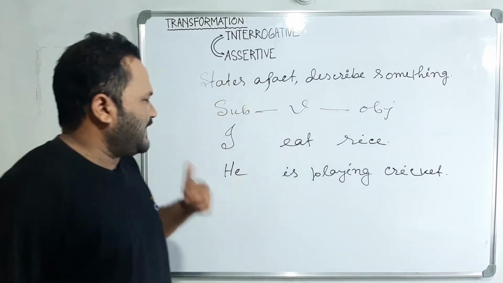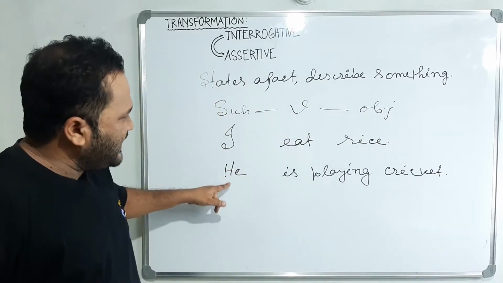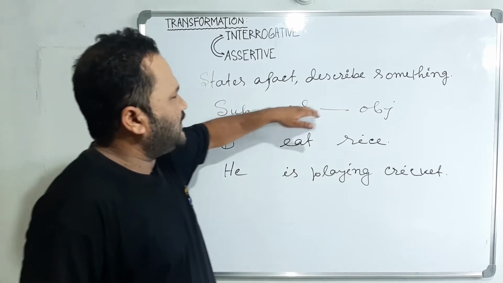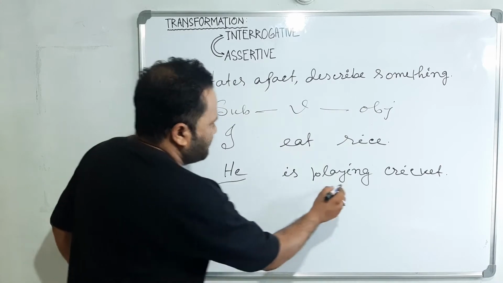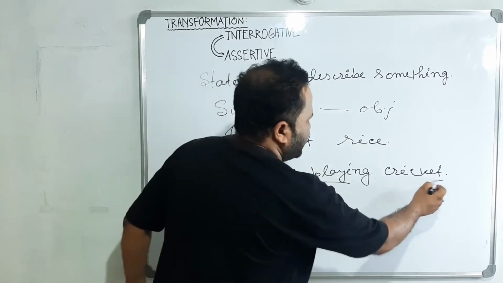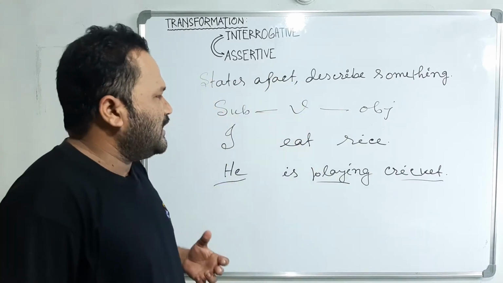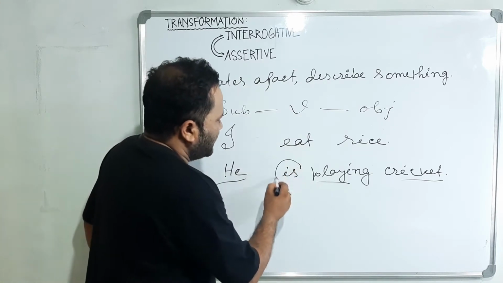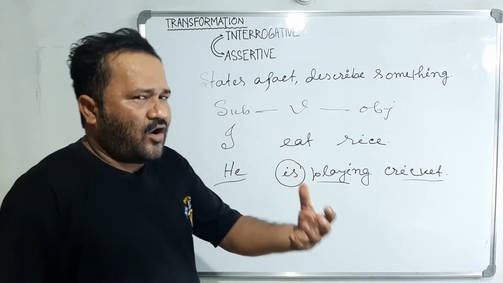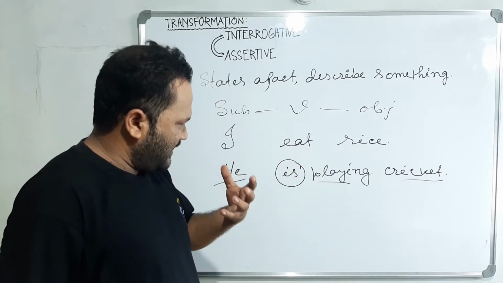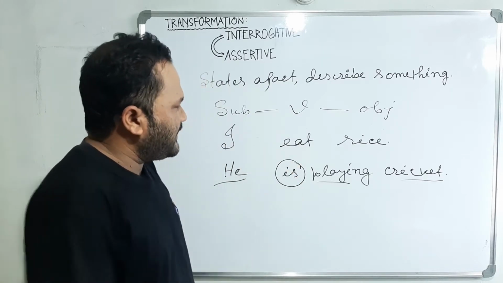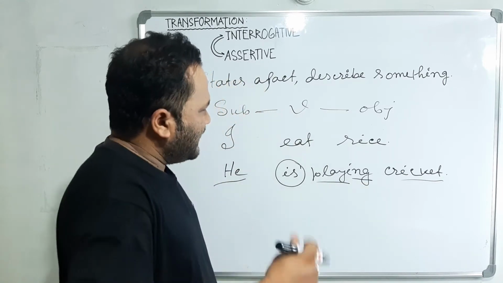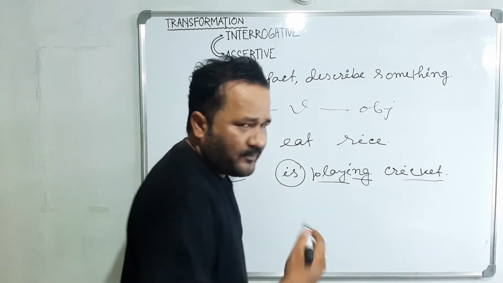Another sentence: He is playing cricket. It is also in the form of subject, verb, object. Subject, main verb play, and object, that is cricket. You know what an object is. Okay. Now the difference is that there is an auxiliary verb, am, is, are, that is the be verb, and the ing form, because it is in continuous tense. You know, that is the progressive form of the verb.